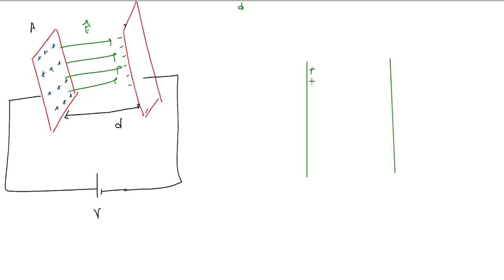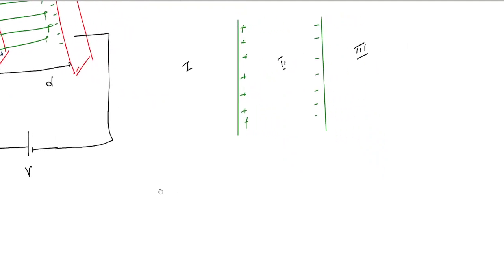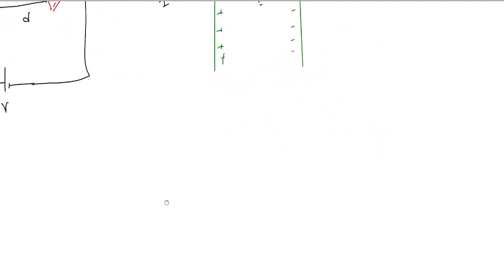Now the charge on this side of the plate is positive, this is negative. I'm drawing the side view of the capacitor plates. Let's consider three regions called region 1, region 2 and region 3. So let's find out what is the electric field in each of these regions.